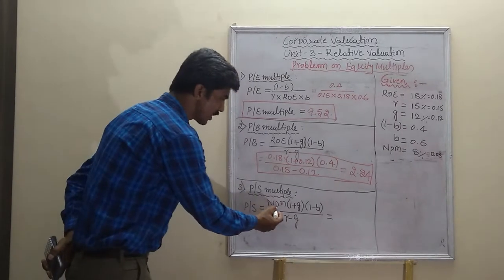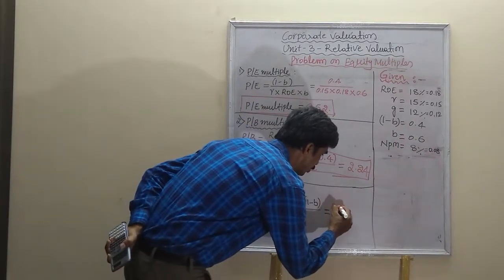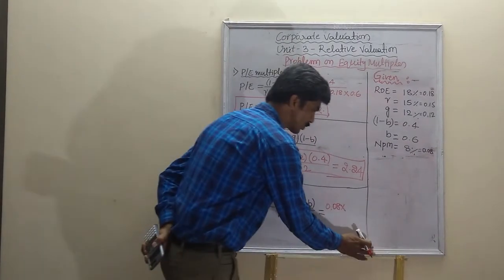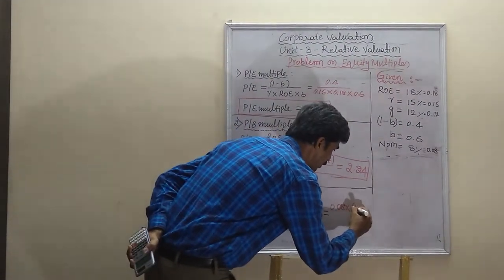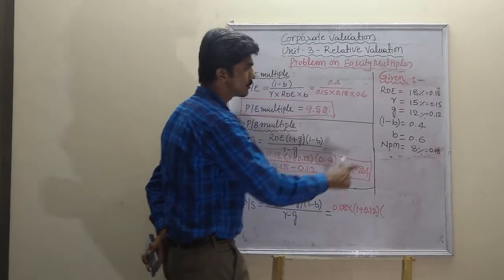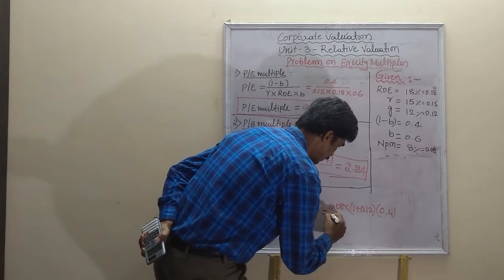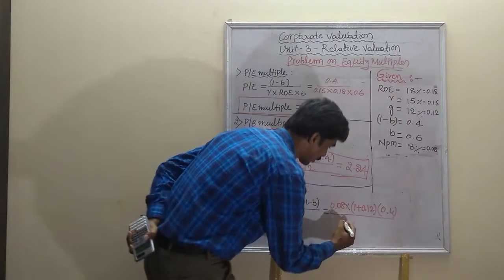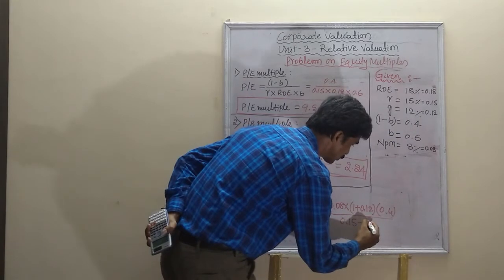NPM, how much is given here? 0.08. 0.08 into 1 plus G. So 1 plus G is 1 plus 0.12, into 1 minus B. 1 minus B value is 0.4, all divided by R minus G. R is 0.15 minus G value 0.12.